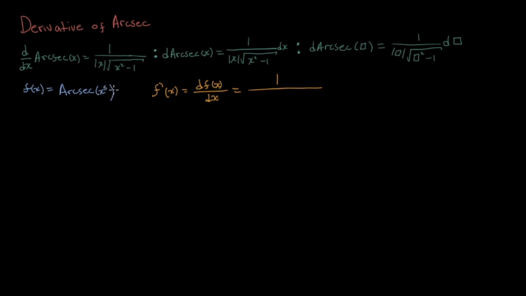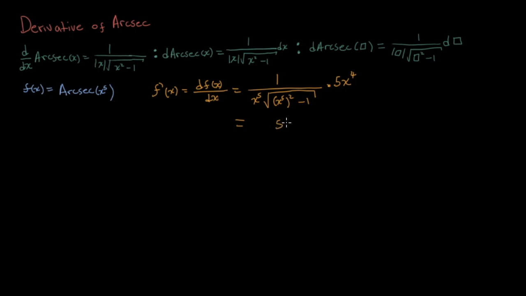In this case it's x to the power of 5, so x to the power of 5 times the square root of x to the power of 5 squared minus 1, times, we can't forget this bit here, the derivative of whatever is in this argument, so times the derivative of x to the power of 5, and from our power rule, that will be 5x to the power of 4.